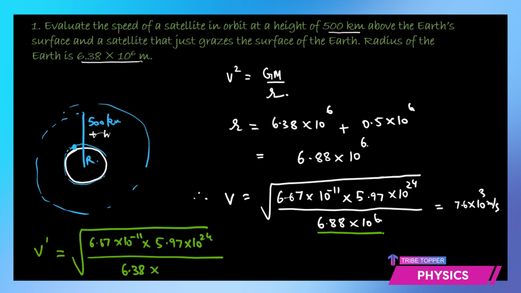So 6.38 into 10 to the power 6. Solving this, we get a value of 7.9 times 10 to the power 3 meters per second. So that means the satellite which is closer to the Earth would orbit at a slightly faster speed.